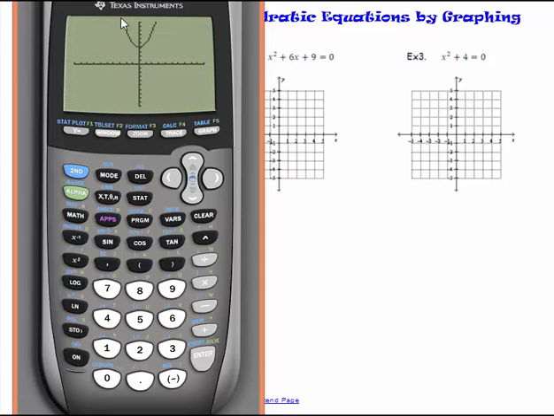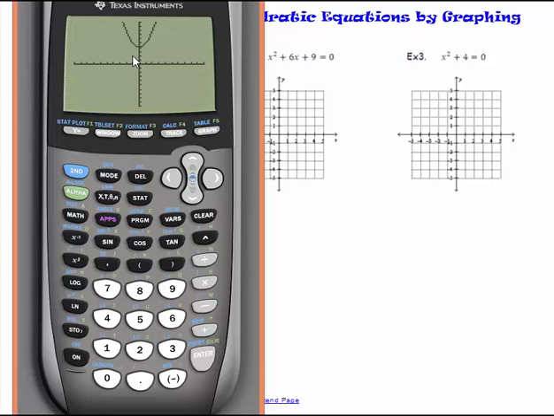Okay, this parabola, our answers, what x equals is where it goes through the x-axis, but it doesn't go through the x-axis. So this problem has no real solutions, okay? Or for me at least, I'm happy with you just saying there is no solution to this. There's technically imaginary solutions, but we're not going to get into that right now.